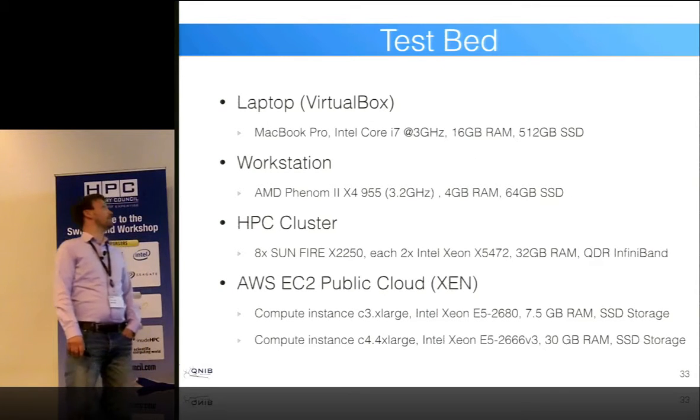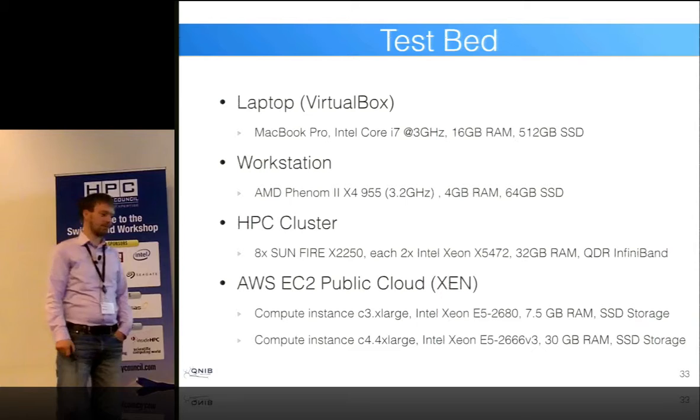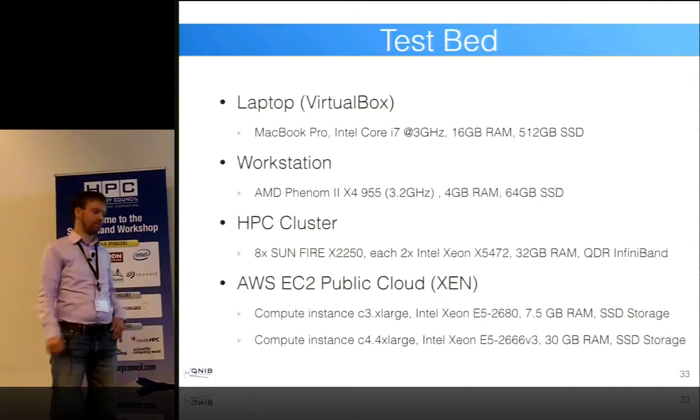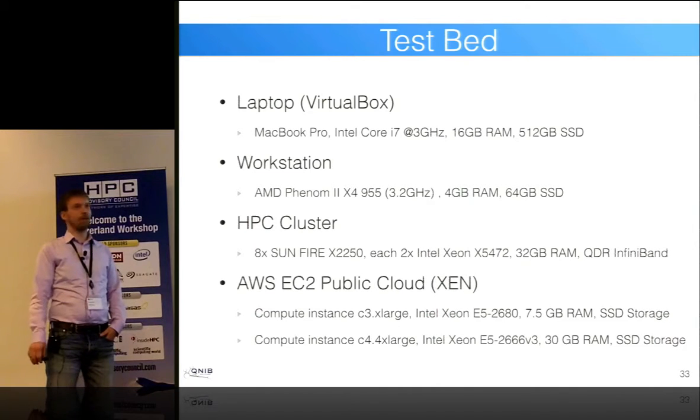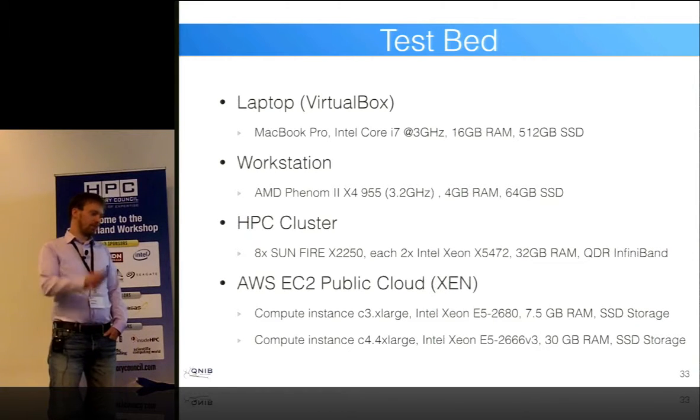So this is my little test bed. I used this very laptop as a workstation or a laptop for the study. I fetched an old gaming rig of mine as a workstation equivalent, so a normal desktop. I reused the HPC Advisory Council's cluster, which I used last year.